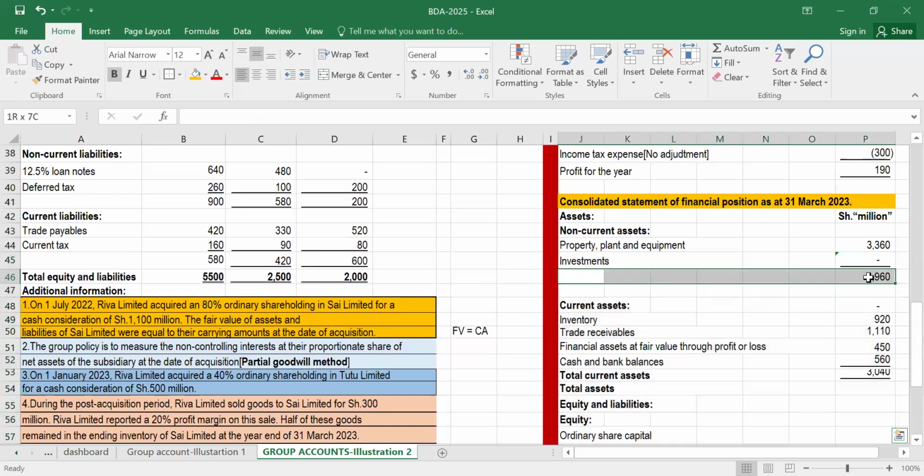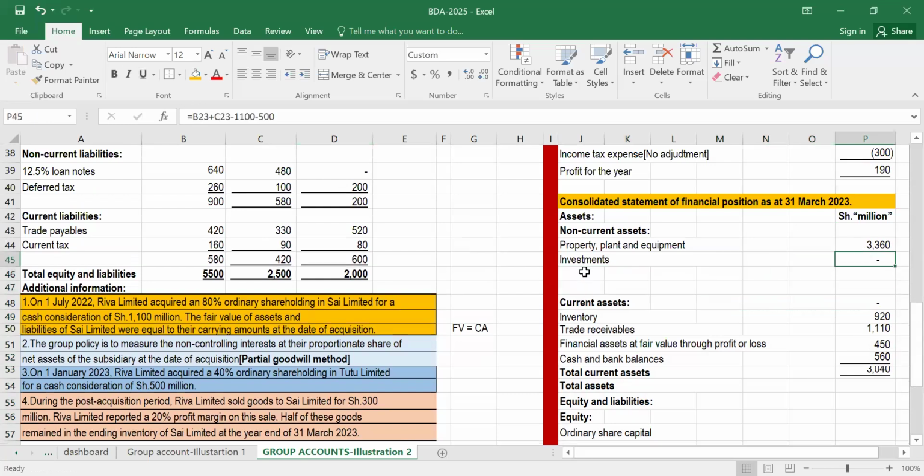Basically, here I've created 2 additional columns, not columns, rather rows. This is for including what? We will compute the goodwill on acquisition of our subsidiary, which is Z Limited, and we recognize it here as an asset. And in addition, for the other company, which is the associate, we are going to compute something called investment.